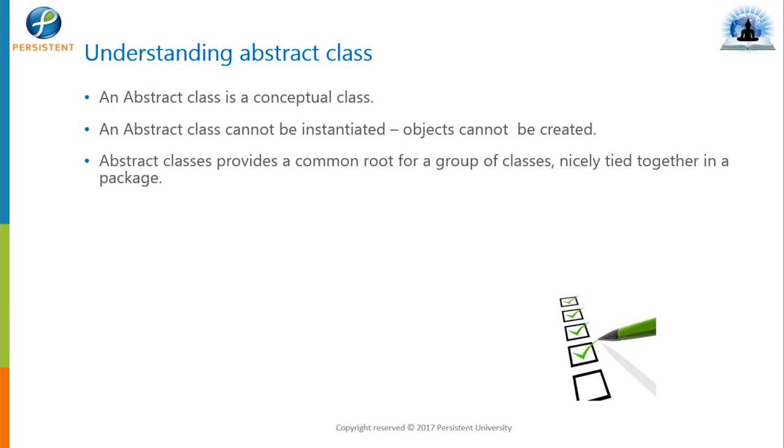Okay. So when I say abstract class, what do you understand or what does it mean? So abstract class is nothing but a conceptual class, right? The name itself says that abstract. So when I say abstract, abstract means something imaginary, something conceptual, right? So what we are doing here is we are trying to implement each and everything, whatever we have in real life, in the software domain, right?